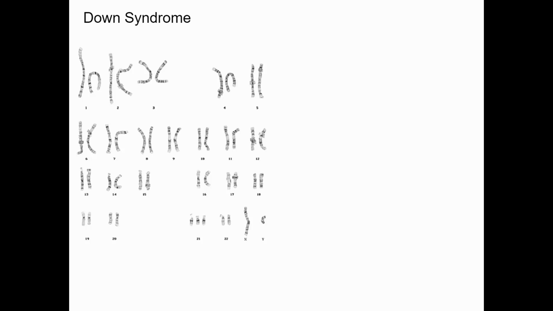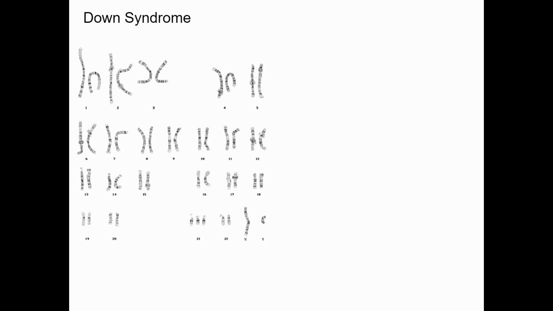One example is Down syndrome. There are some chromosome abnormalities that can happen in the offspring, and the most common one is Down syndrome. Down syndrome is a set of characteristics that happens when a person has one extra chromosome, and it's a specific chromosome.